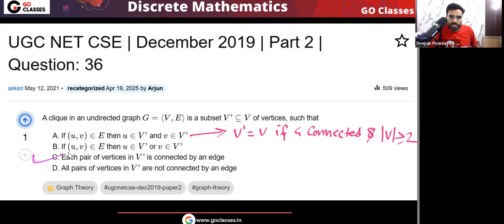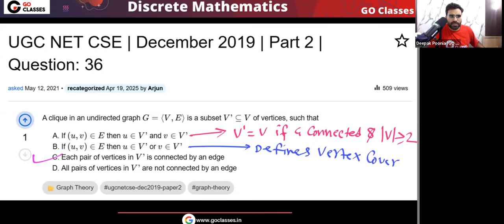What about option B? It is saying that if there is an edge between u comma v, then at least one of them belongs to V dash. Either u belongs to V dash or v belongs to V dash or both. So that will be the definition of vertex cover. Yes or no? This option B actually defines vertex cover.